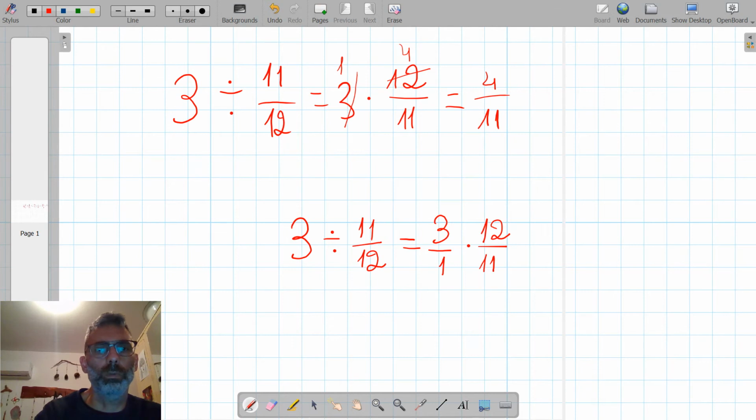Okay, so I cannot simplify this way, only the other one.